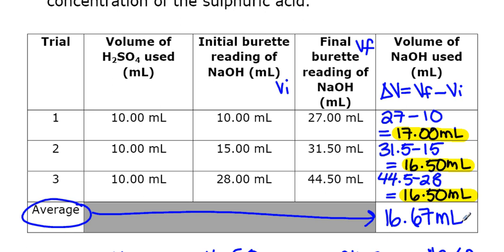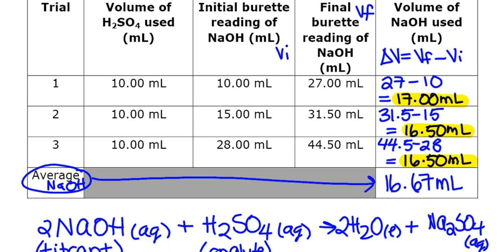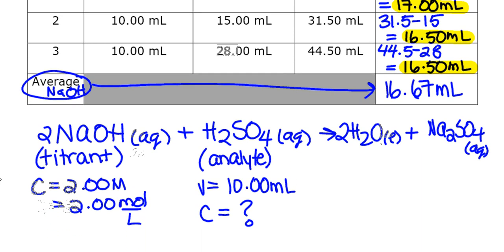So that means the average volume of base of sodium hydroxide that was used to neutralize 10 milliliters of our acid was 16.67 milliliters. So now we have some data we can use to help us solve our problem.